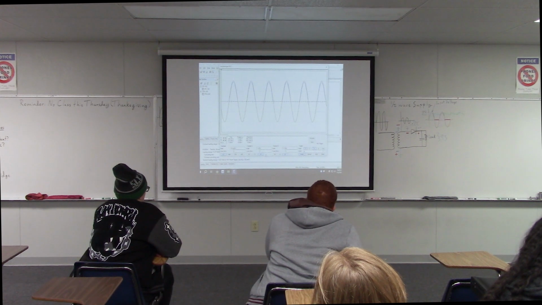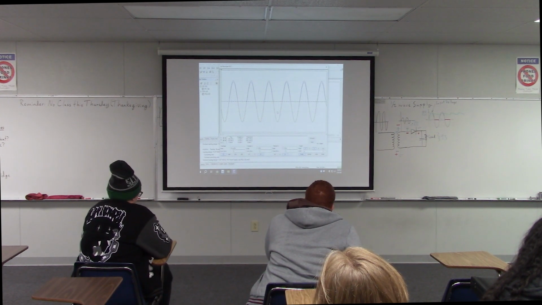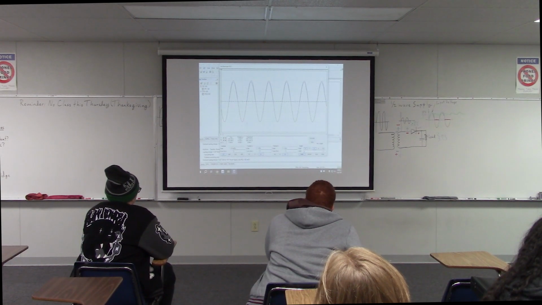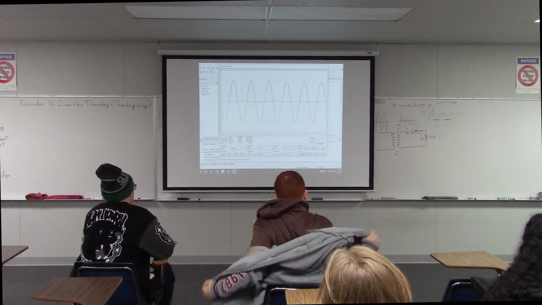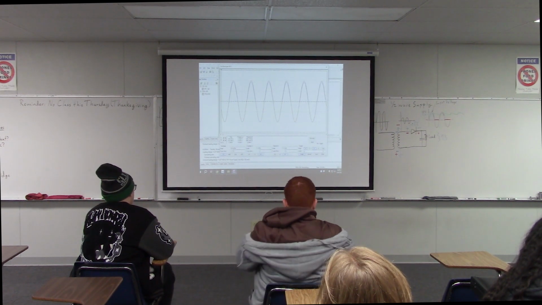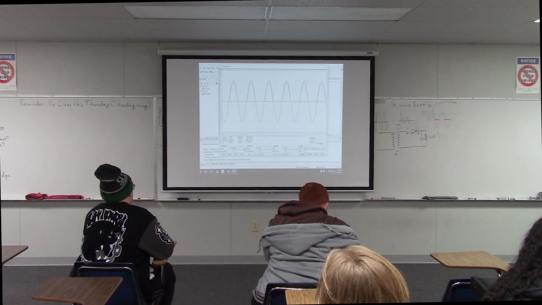We can also change the time scale. In other words, we can zoom in the horizontal direction, because we're going to have to draw this in the lab book, and we maybe don't want to draw 10 waves there. So if we want to change the time, or zoom in the horizontal direction, we can change this around.